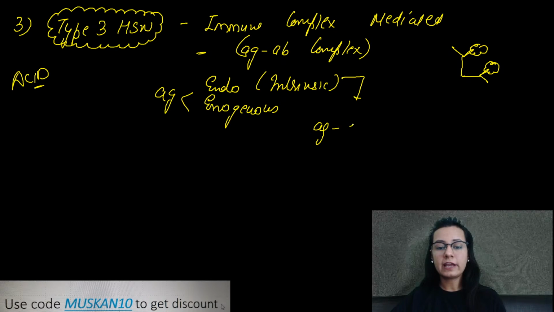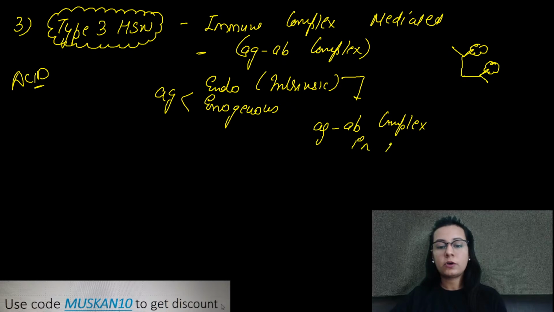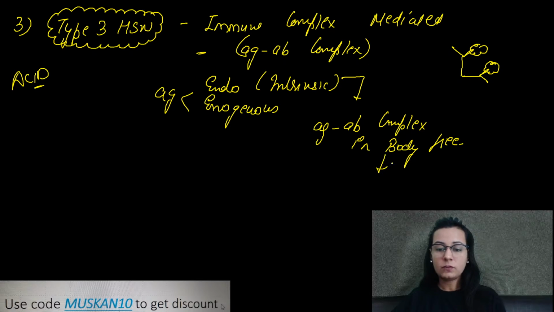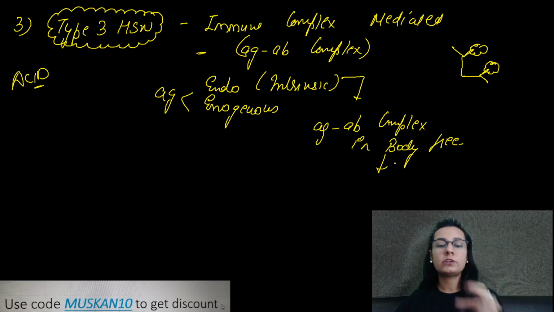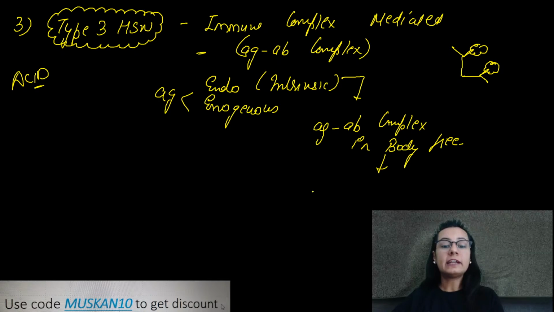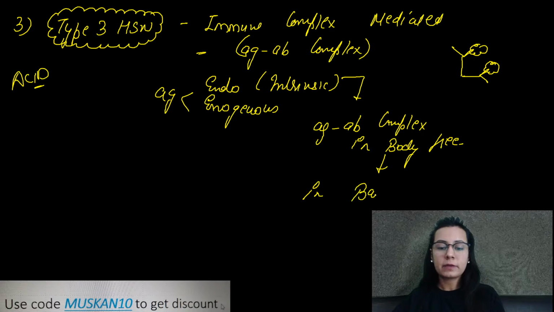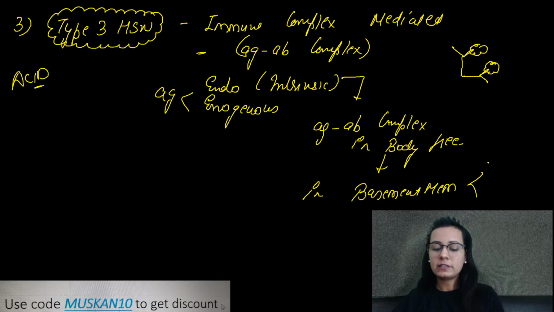And this will lead to what? Antigen-antibody complexes in the body that are freely moving. And what will happen is that these freely moving antigen-antibody complexes will get lodged in the basement membrane. Basement membrane of what?